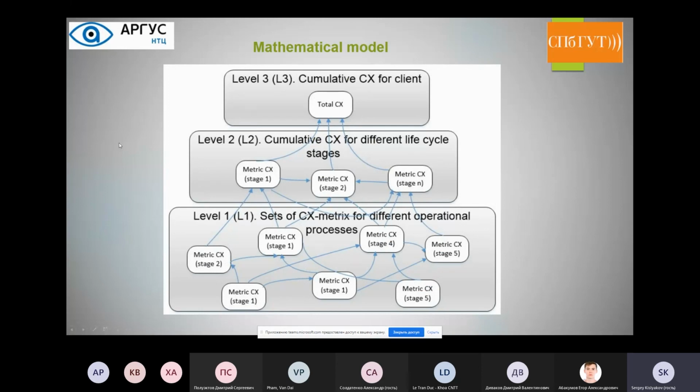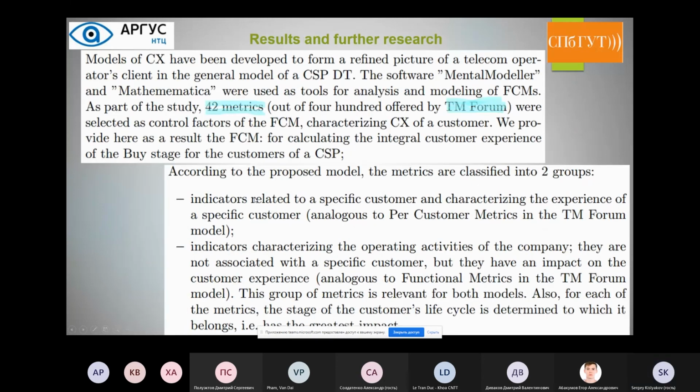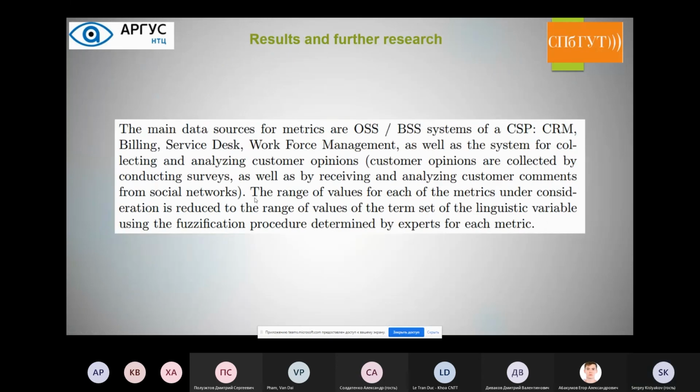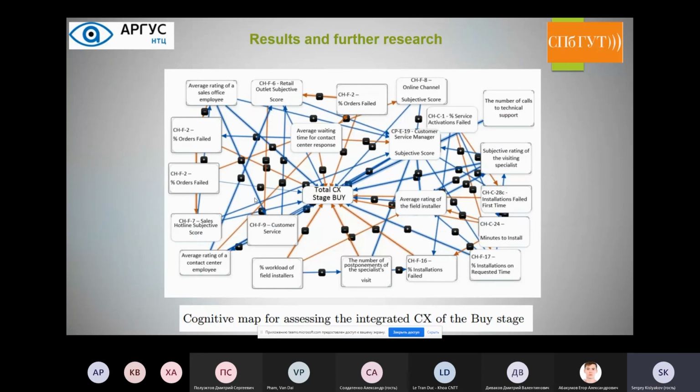We have built a mathematical model, and we have already tried this cognitive map for assessing the integrated customer experience of the whole stage for the customer. Now you can see it.